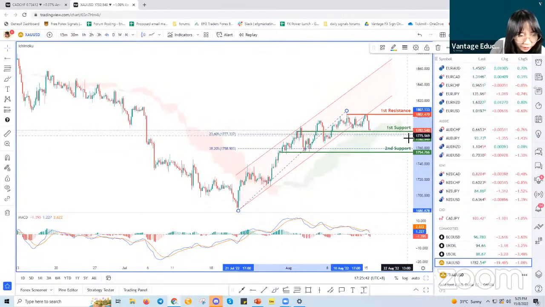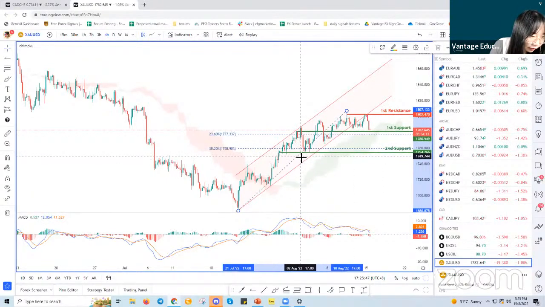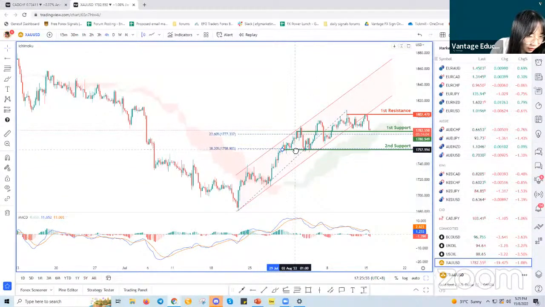But it's still okay because there's not a very significant gap. And the 38.2 Fibonacci level is close to our second support line. So maybe you can move it a little bit closer to the 38.2 Fibonacci level. Okay.